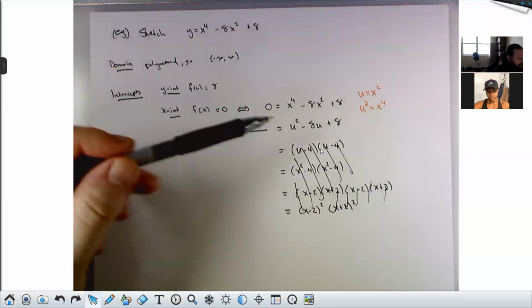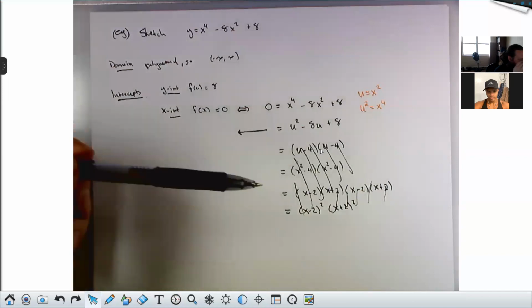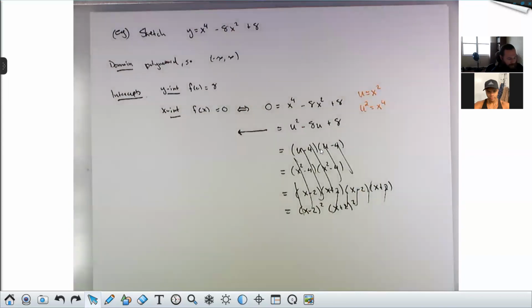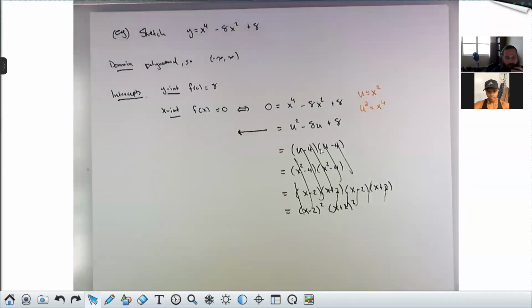Please tell me this factors nicely. So two numbers whose sum is -8 and whose product is +8. Those might not exist, actually. Let me see. Well, 8, 4 and 2, no. It's not correct. Yeah, this might be a little bit more savage than I thought at first. How does this factor?